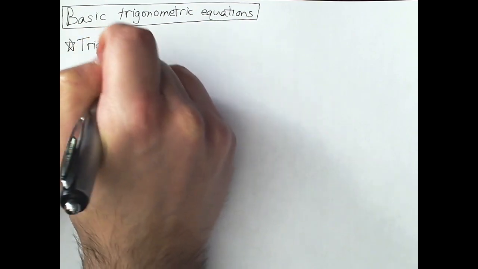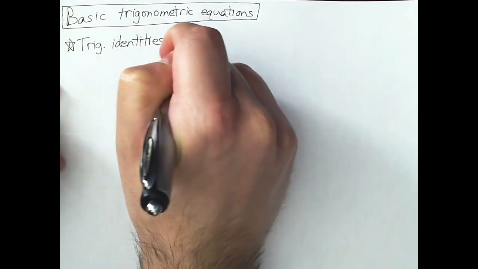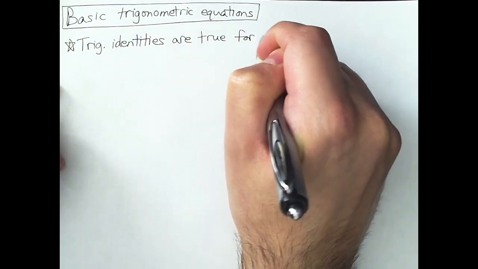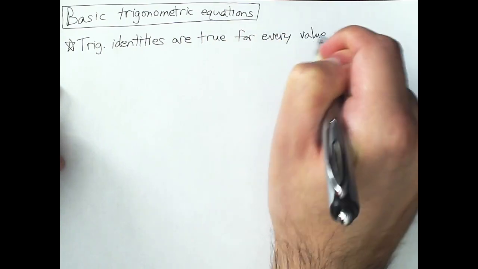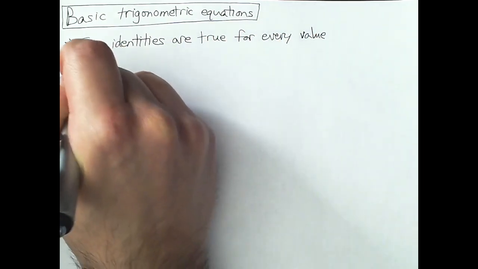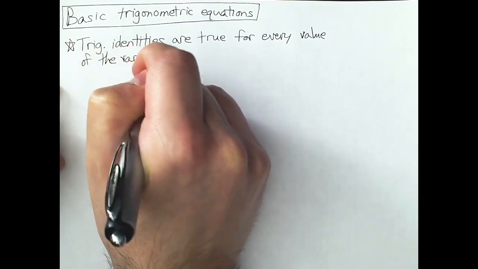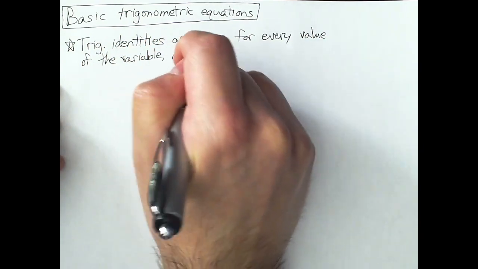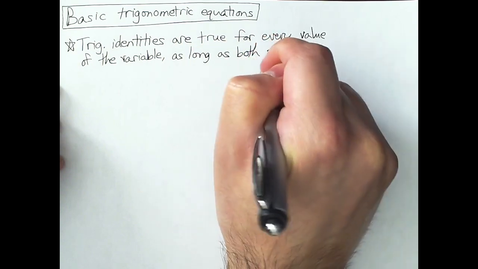Let's start by saying trig identities, which we've been talking about lately. Trig identities are true for every value of the variable as long as both sides are defined.